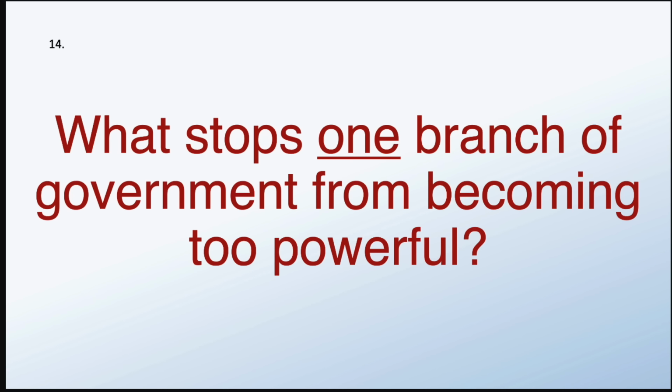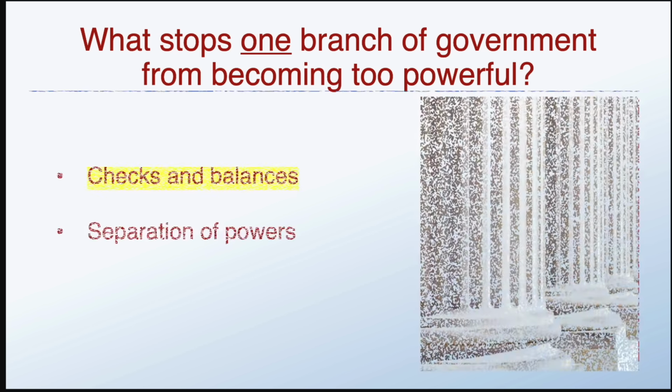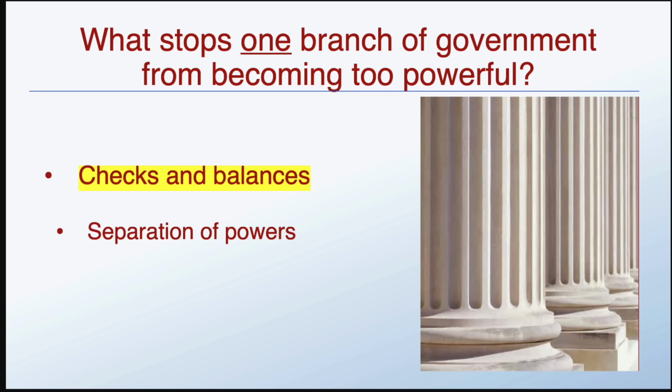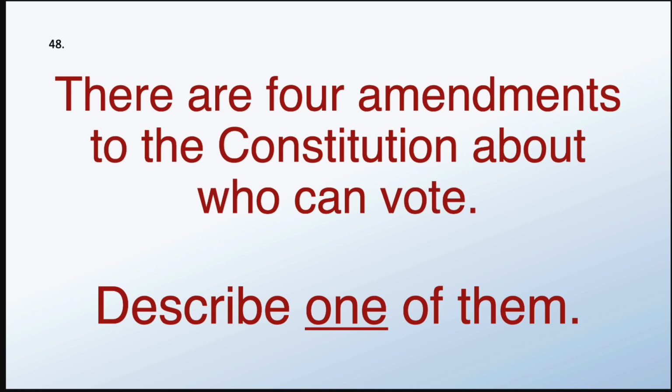What stops one branch of government from becoming too powerful? Checks and balances. There are 4 amendments to the Constitution about who can vote. Describe one of them.